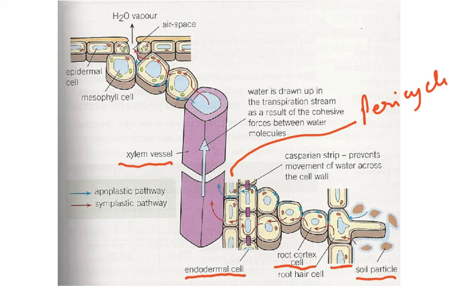So what happens first is that the water from the soil has to enter into the root hair cell, and then some of it can enter even straight into the cytoplasm.